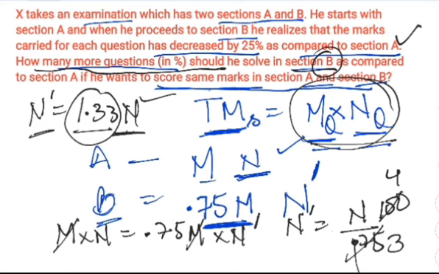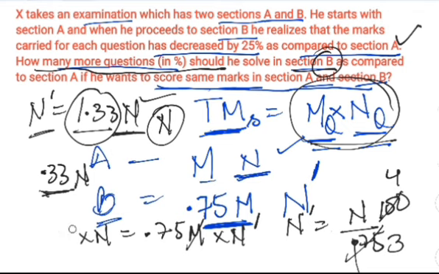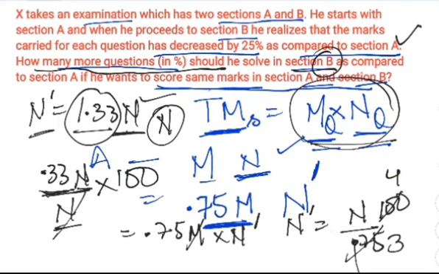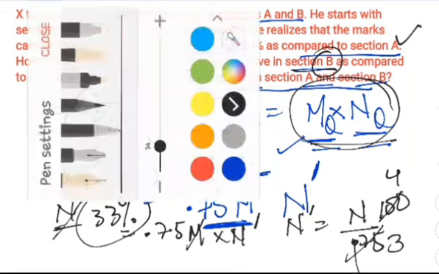It's actually 1.33 into N. So the change is 0.33 upon 1, because we are assuming that 1N is there in section A, and the change, that is difference between the number of questions in section B and A, is 0.33 N. The change is 0.33 N upon the number of questions in section A into 100. So it comes out to be 33%. So the answer is 33%.